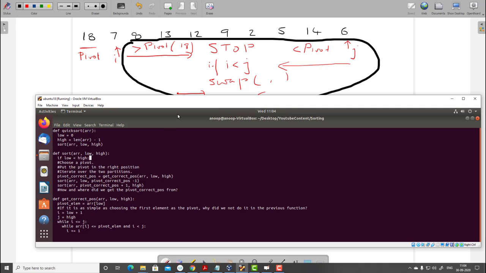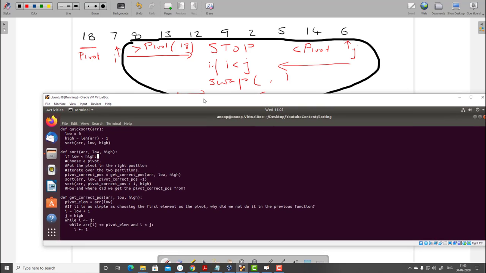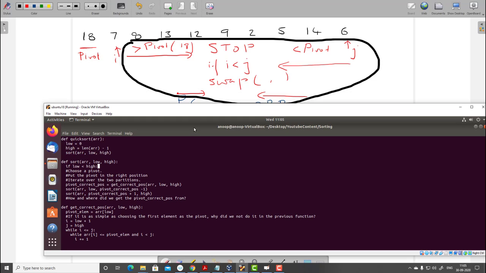For example, single element is remaining, we saw here, right? So 2 and 5, if you want to divide it into 2 and 5, then ultimately we'll be left with a single element also. So they cannot cross over, otherwise they are pointing to the same element. So that condition has to be taken care of.